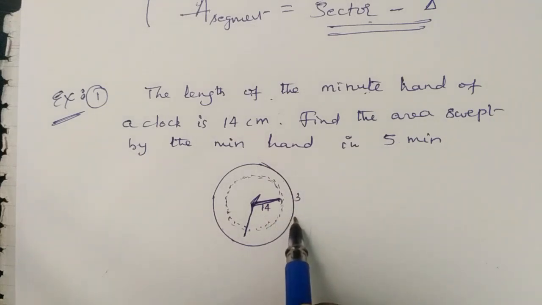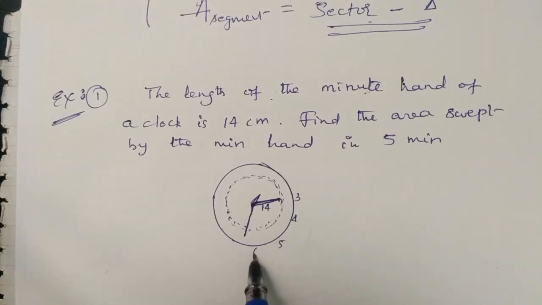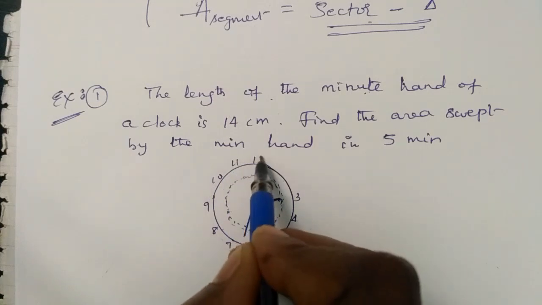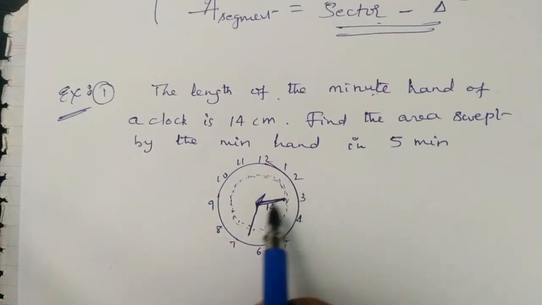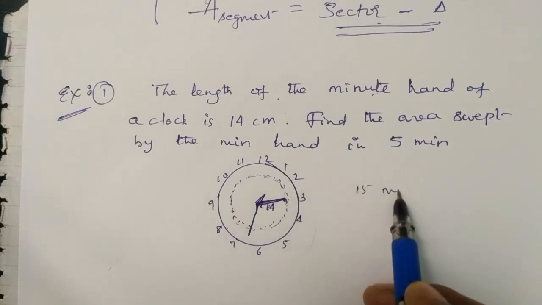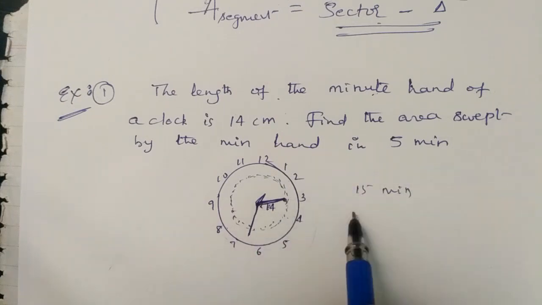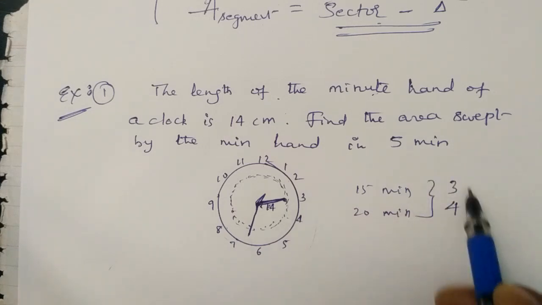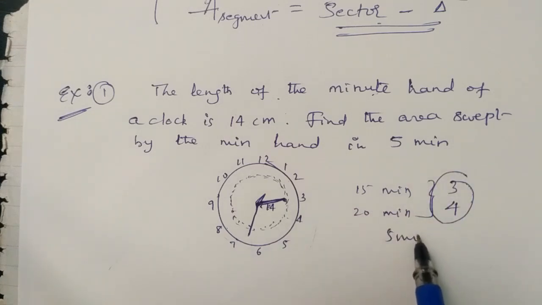In 5 minutes means next is 4. This is 5, 6, 7, 8, 9, 10, 11, 12, 1, 2. So the minute hand is now at 3, 15 minutes. If the minute hand goes to 4, it is 20 minutes. That means between 3 and 4, it sweeps 5 minutes.